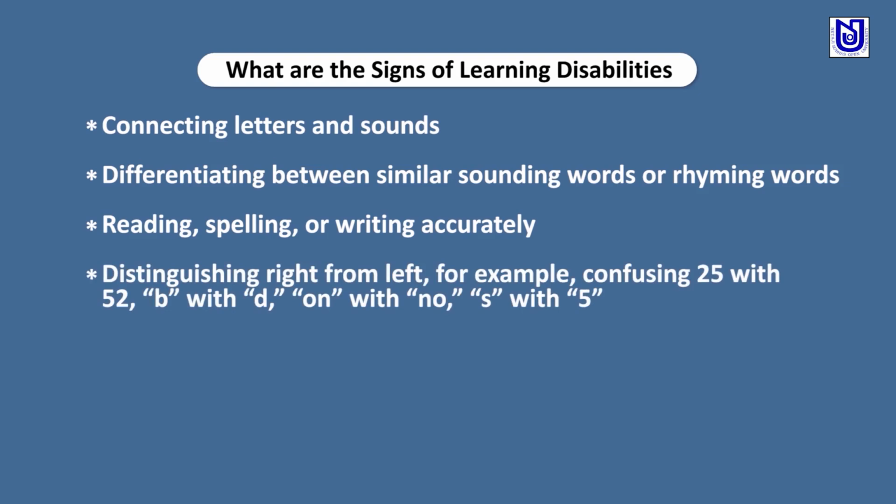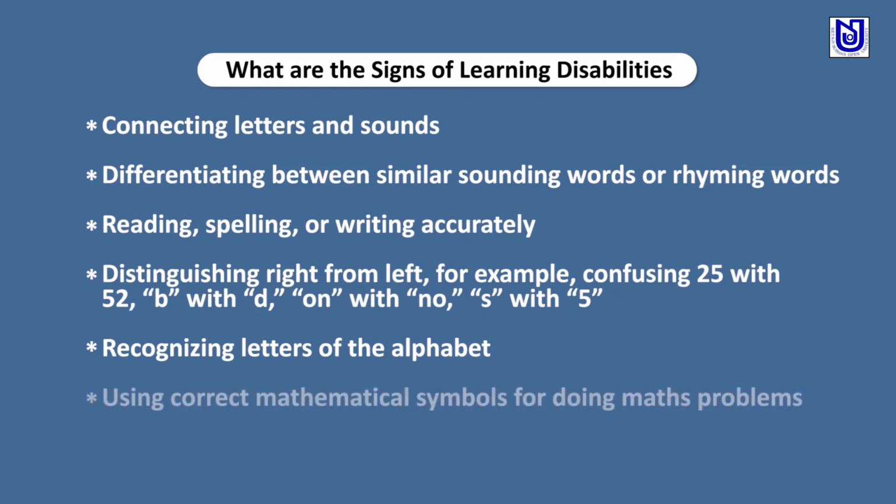Even if we ask them to write 25, they may write 52. They may perceive it as 25, but they write it as 52. Like B with D, which I already mentioned. Recognizing letters of the alphabet may also be a problem.